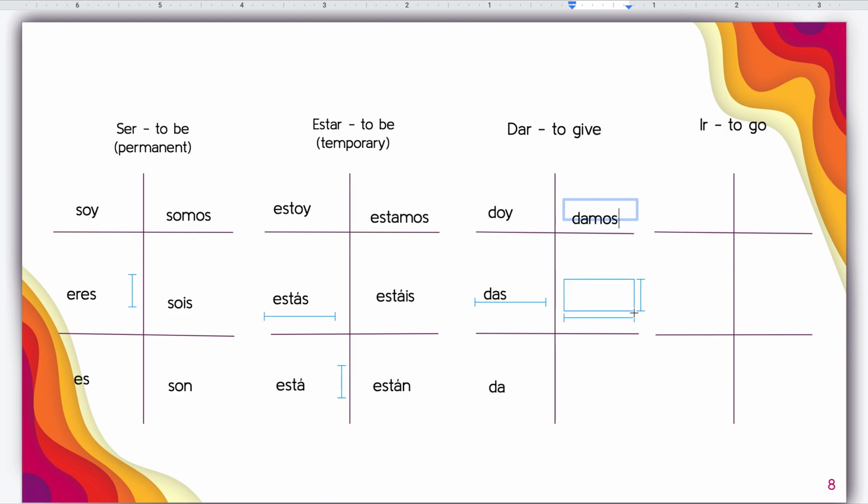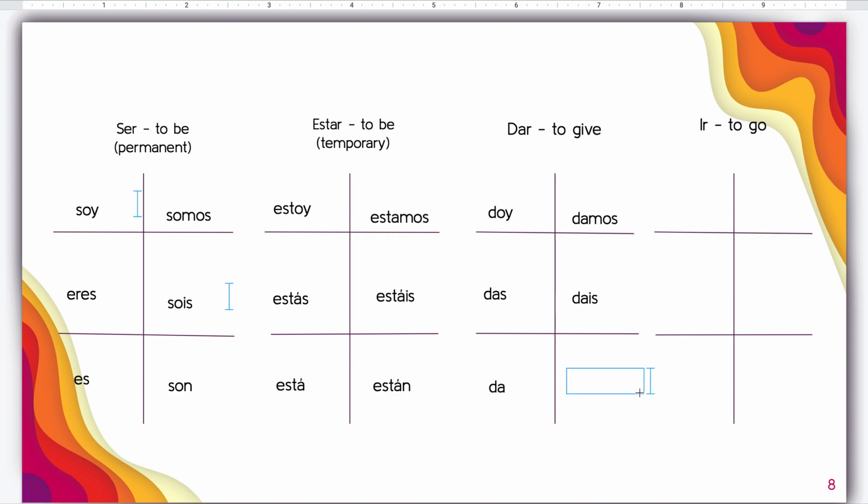Vosotros is dais. And this does not require an accent because one syllable words normally don't have accents on them. Some of them do because it just makes them mean something totally different. And then ustedes is dan.